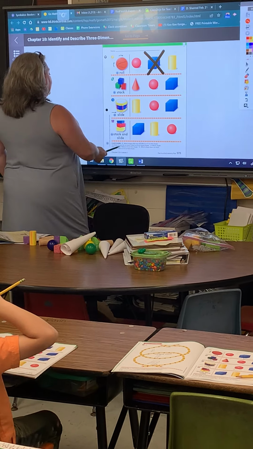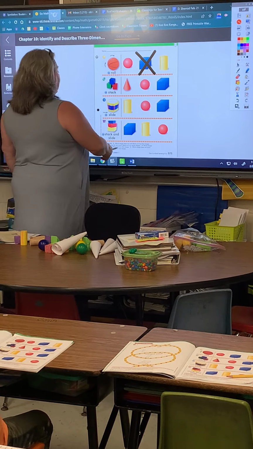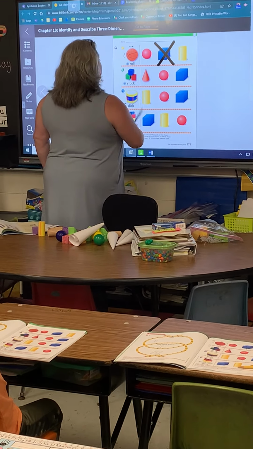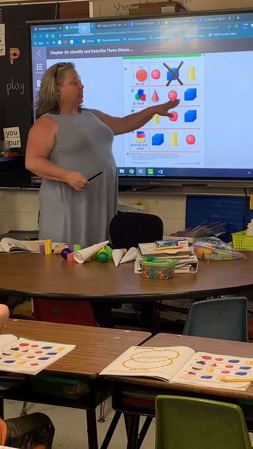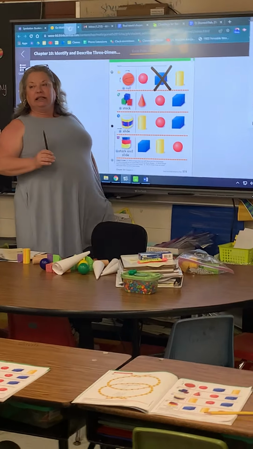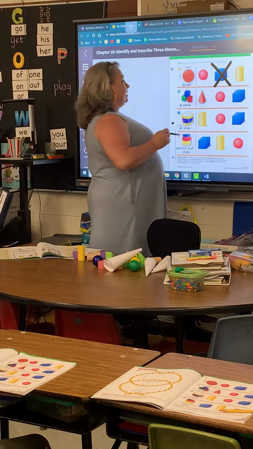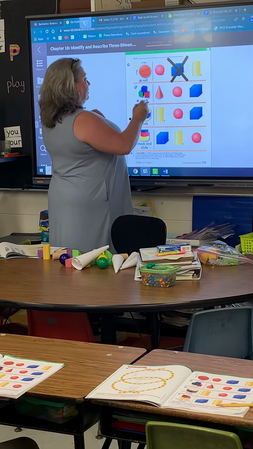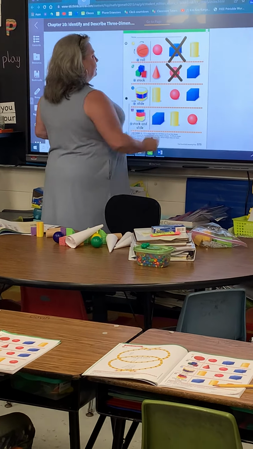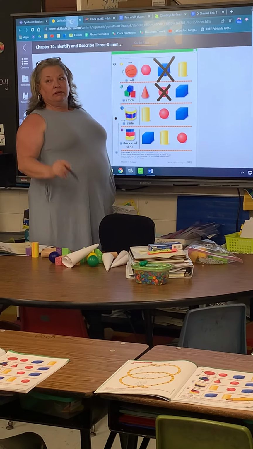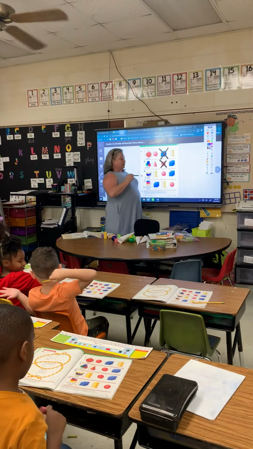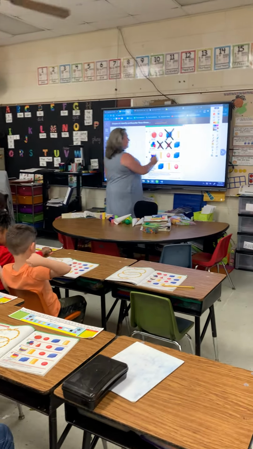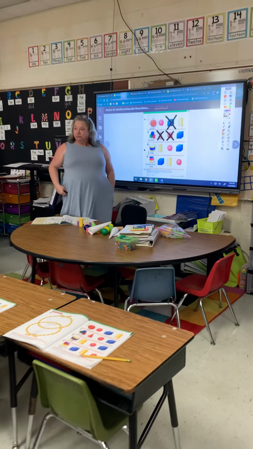Now, number 3 says which shapes do not stack. So which of these shapes did not stack, Riley? The sphere and what else? Grace? The cone. So you should have had 2 X's on that one.